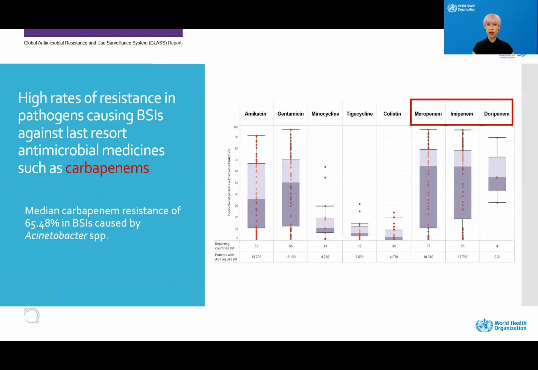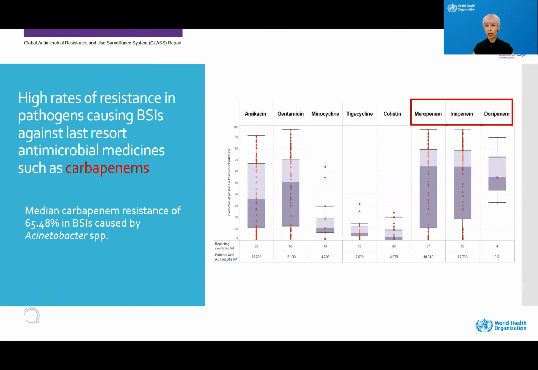Also, interestingly, we saw a quite high rate of resistance reported in pathogens causing bloodstream infection against last resort antimicrobial medicines such as carbapenems. I'm showing here the reported resistance rates for bloodstream infection caused by Acinetobacter species.